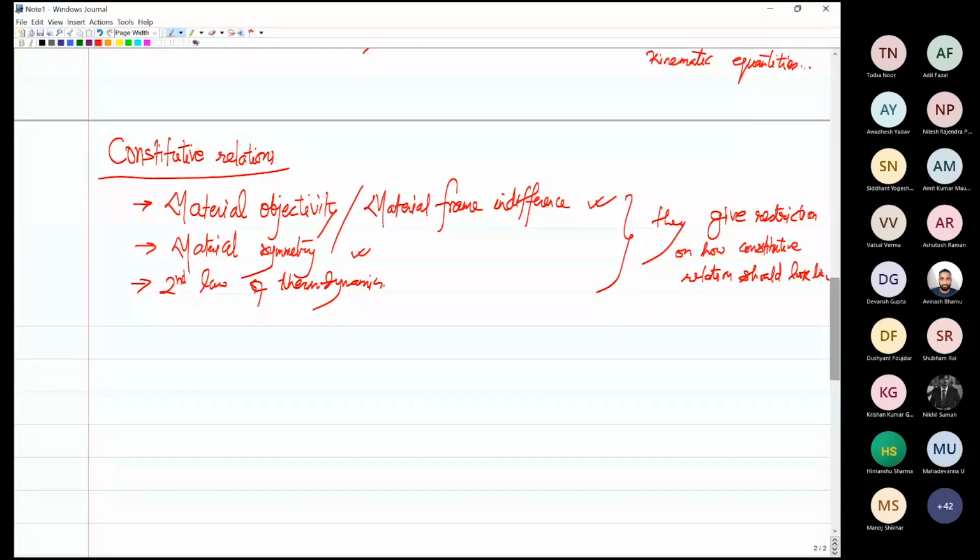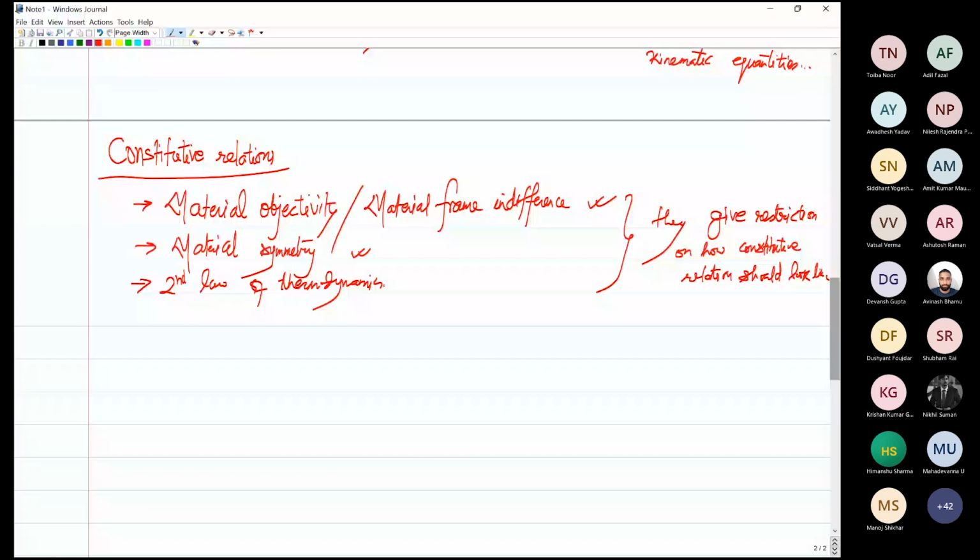Any questions so far? See, we want to have a relationship between sigma and the kinematic quantities, which is the deformation map y or temperature theta. But there is no equation which can exactly tell you what that formula should be.